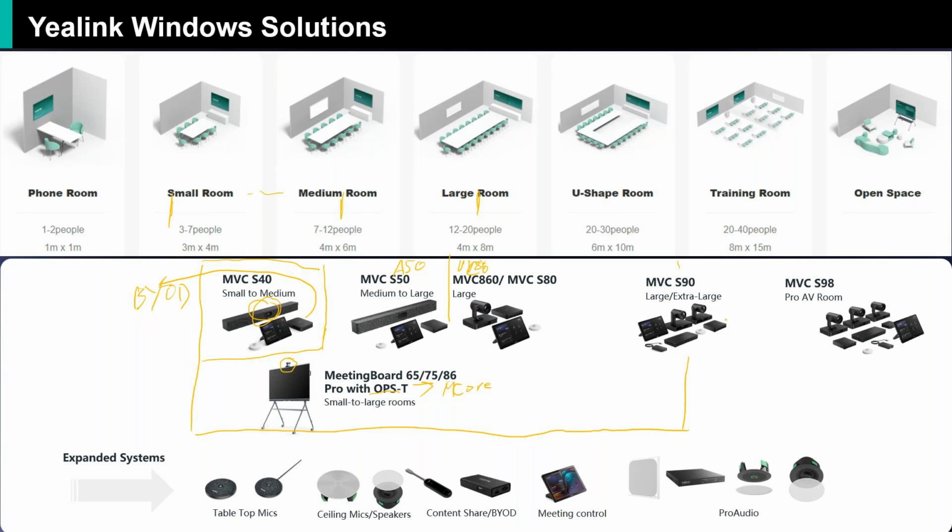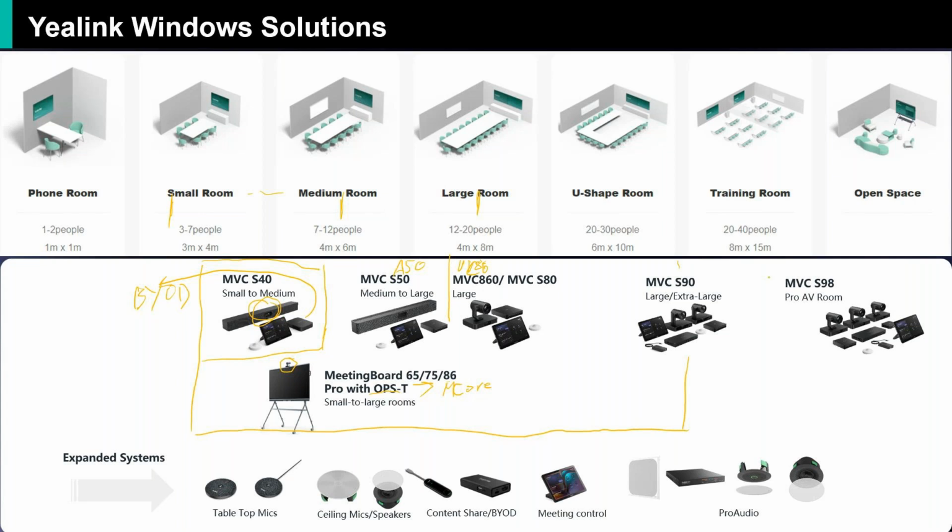Further down the track, we have the MVC S90, for large and extra large solutions where we also use multiple cameras in combination. On those Windows solutions we can have up to 9 cameras. We can convert a normal MVC 860 into an MVC S90 without issues, just adding an AV hub and multiple cameras to it, configuring the system, and we're done.